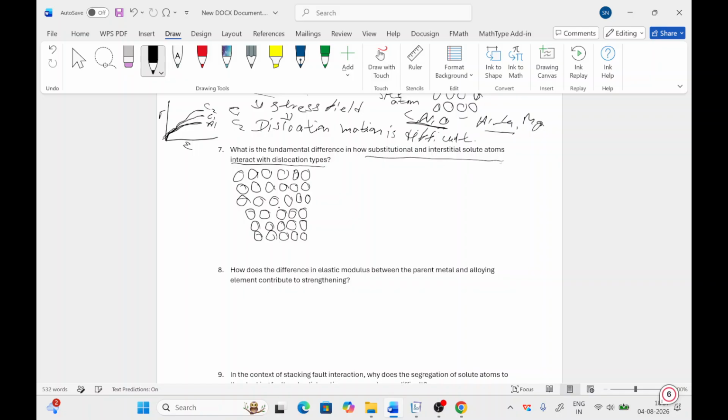This is the extra half plane, which I will denote with this.